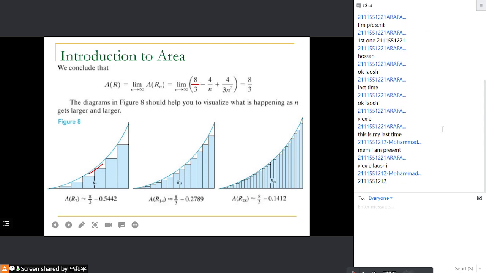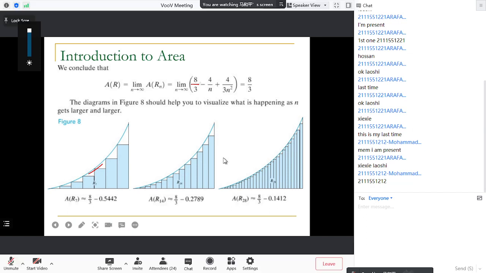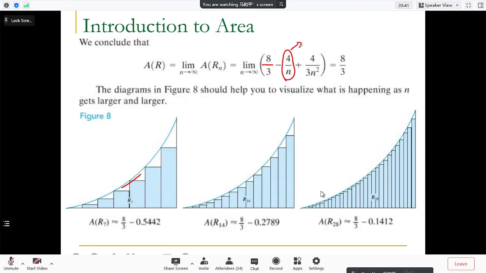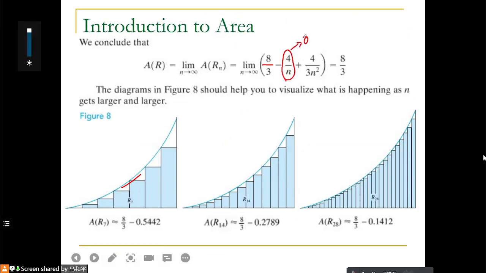As n approaches infinity, this is 8 over 3, a constant, so it's still 8 over 3. And as n approaches infinity, 4 over n approaches 0, right? And 4 over 3n squared approaches 0. So it's 8 over 3.